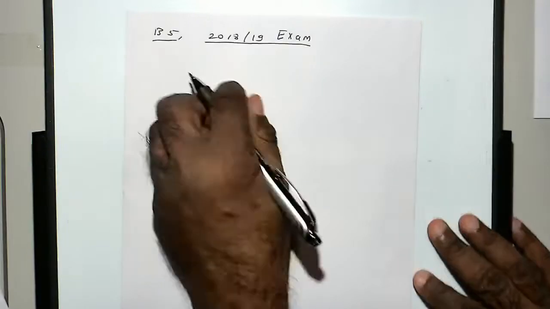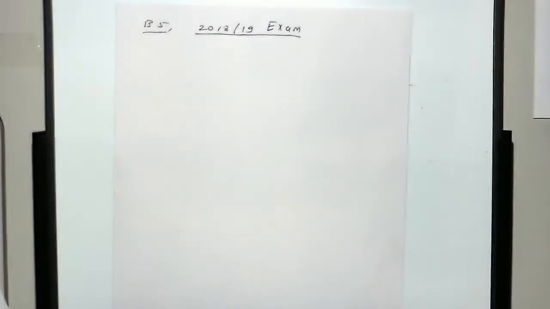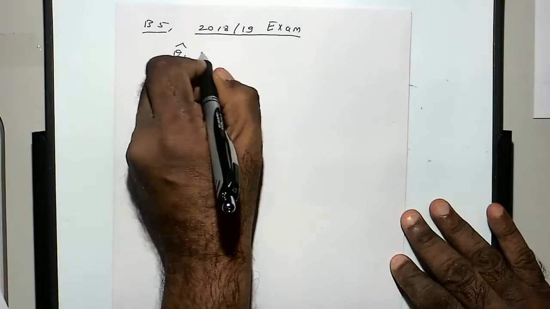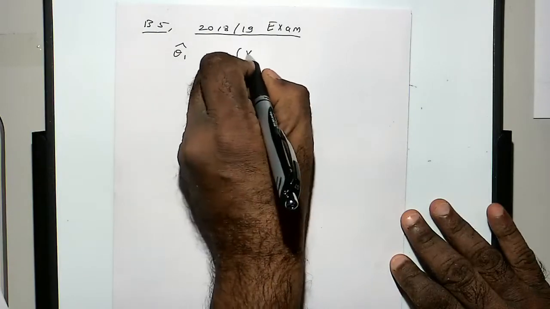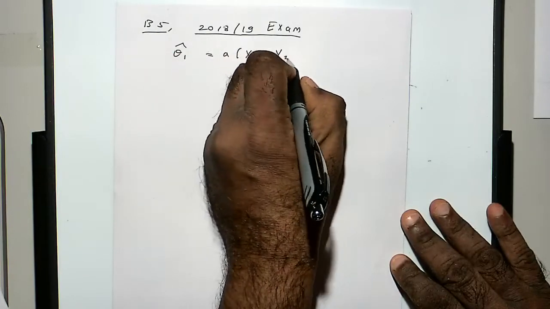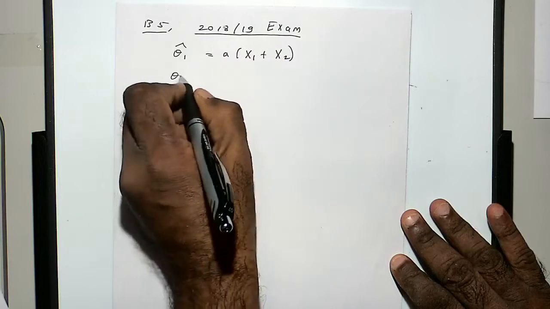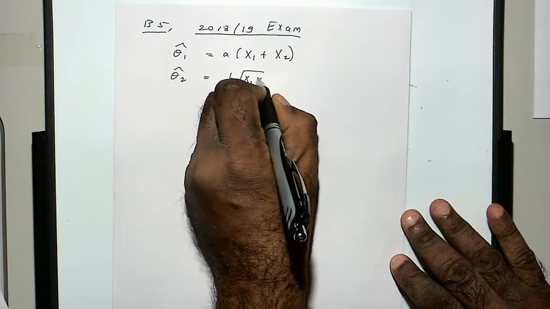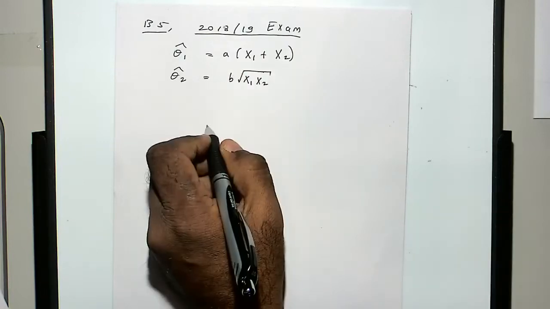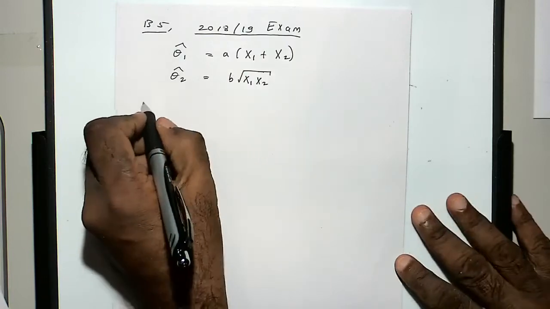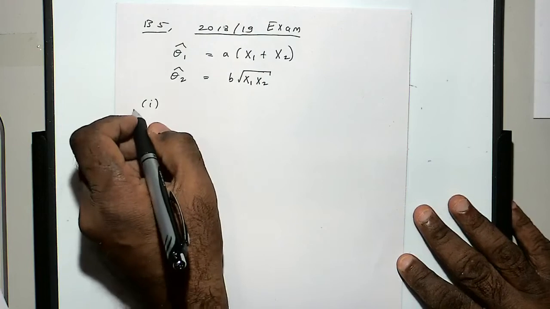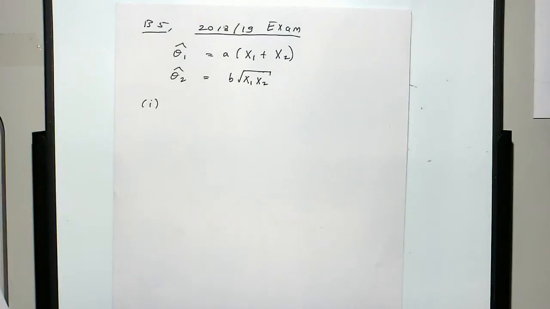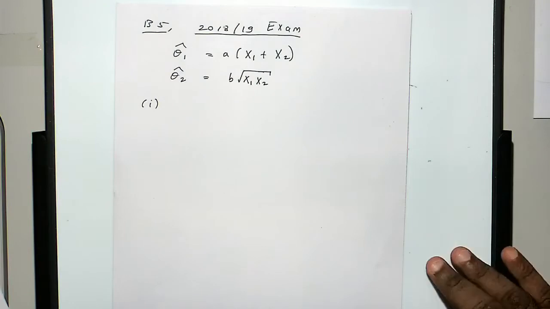So you have x1, x2 exponential, and you have theta 1 hat defined as a times x1 plus x2, and you have theta 2 hat defined as b times the square root of x1 x2. Right. Now, part 1, show that a equals to half if theta 1 hat is an unbiased estimator for lambda.